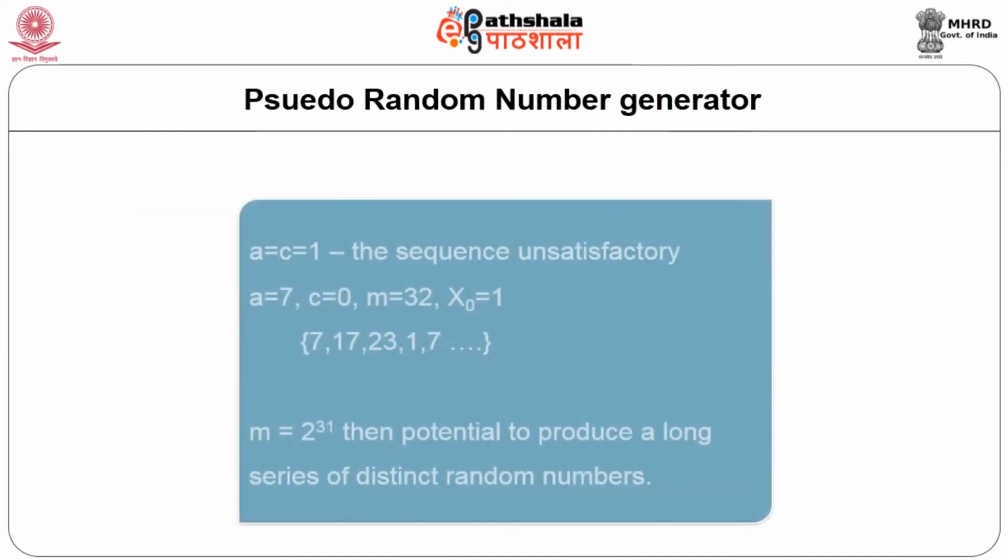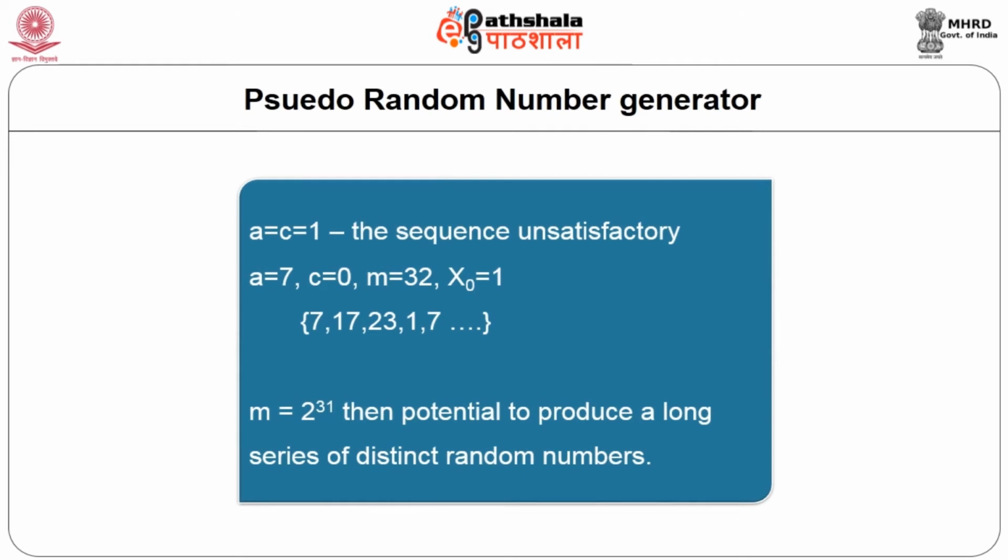For example, if we are using a pseudo-random number generator with a equal to 1 and c equal to 1, what would happen? Always the new number will be equal to the previous number plus 1.